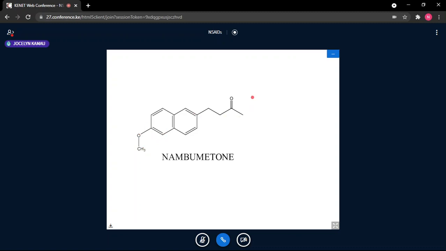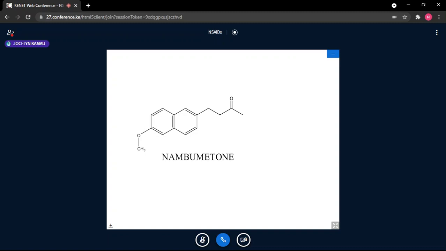But the group at position number 2 is not an acetic acid or a propionic acid derivative; it is a ketone. Indeed, nabumetone is a prodrug, and in the body it is converted to an acetic acid derivative, which has activity.